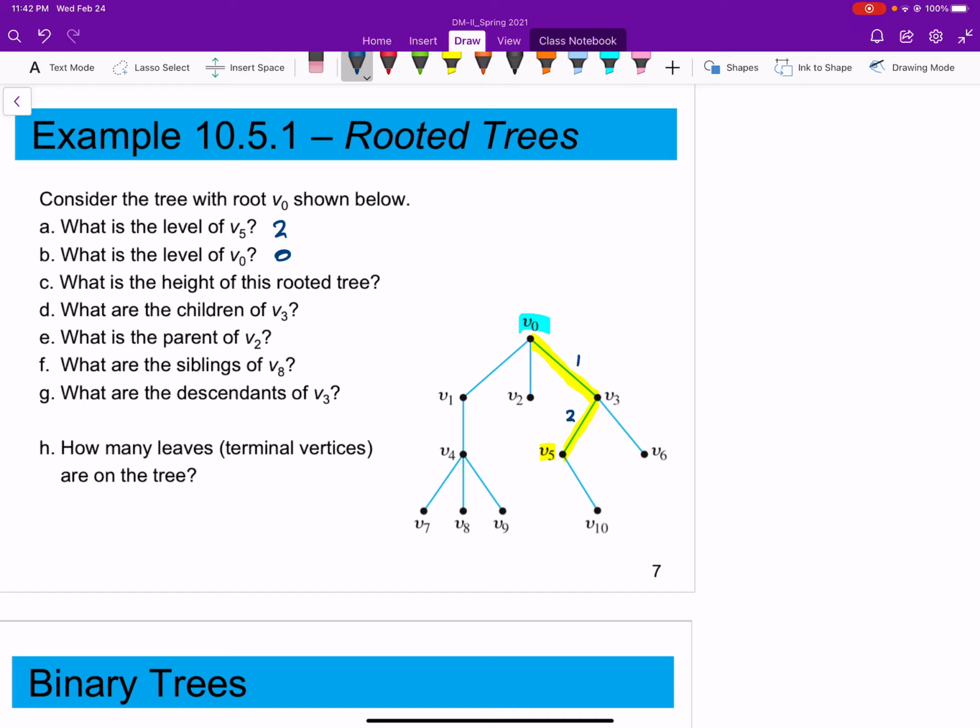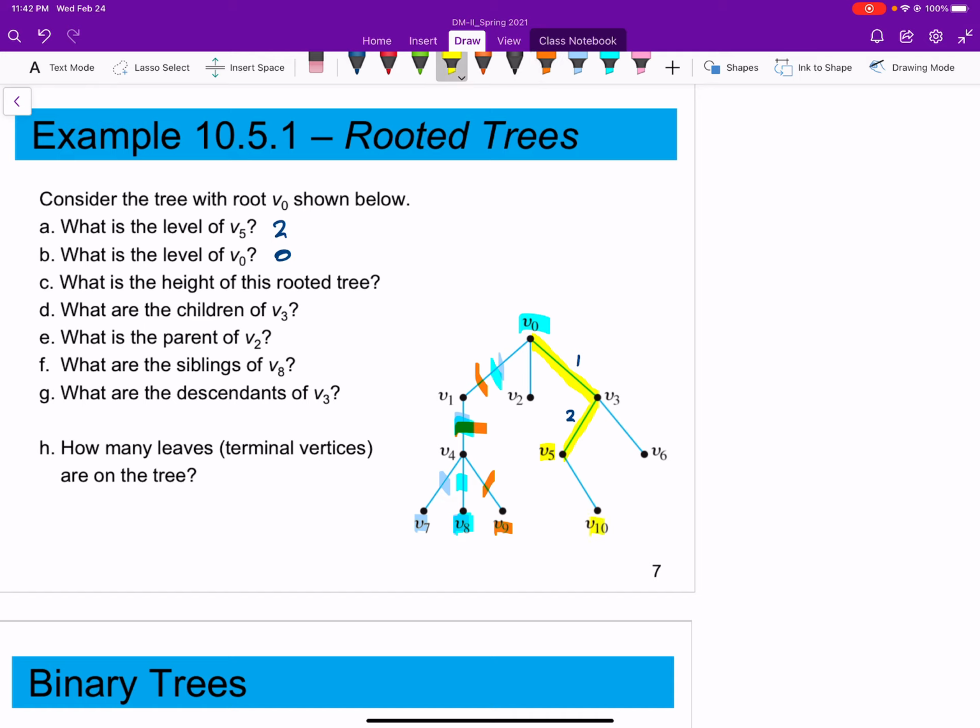Okay, the largest level. You can see the level of this vertex is just 1, 2, 3. Level of that vertex is also 3. Level of this vertex is also 3. And level of that vertex is also 3.